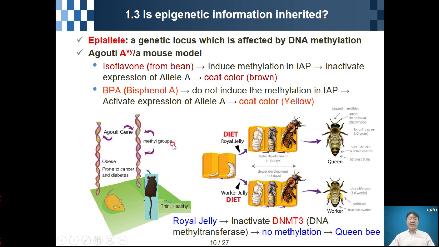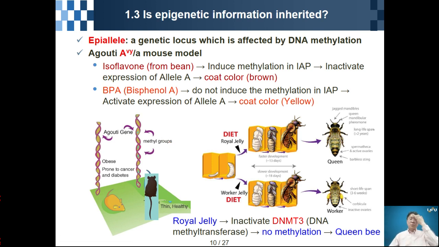So it can inactivate the allele A and sometimes activate expression of large allele A. So finally, their coat color will be brown, like this. Usually, when the coat color is brown, these mice are very thin and very healthy.